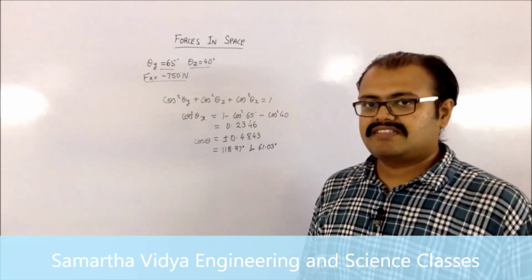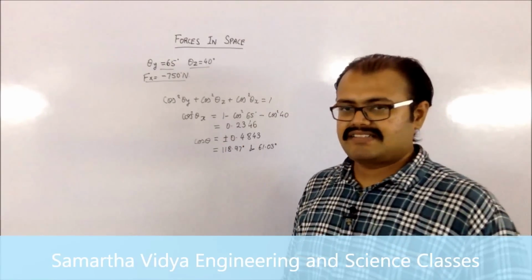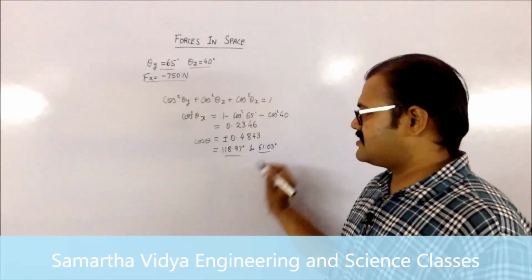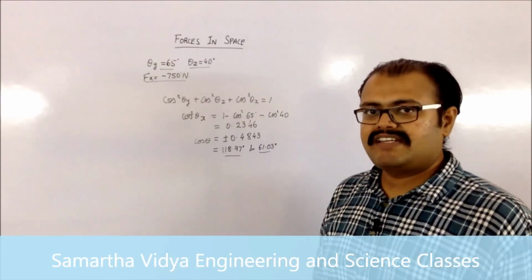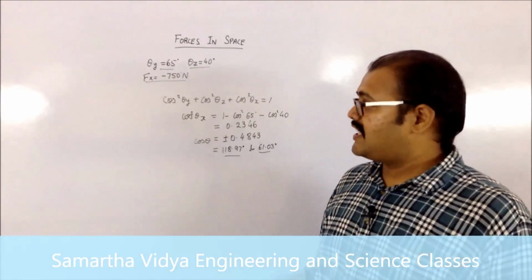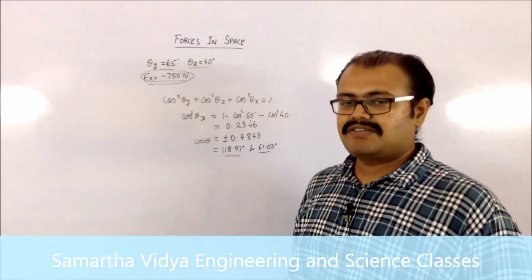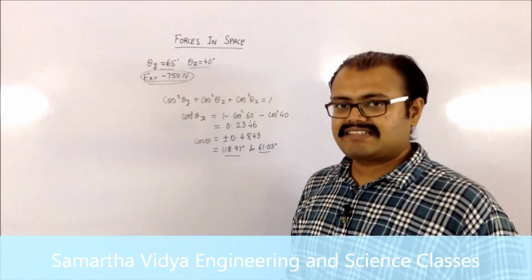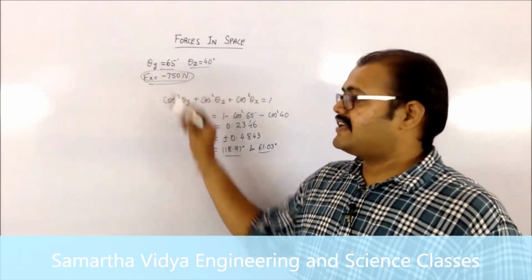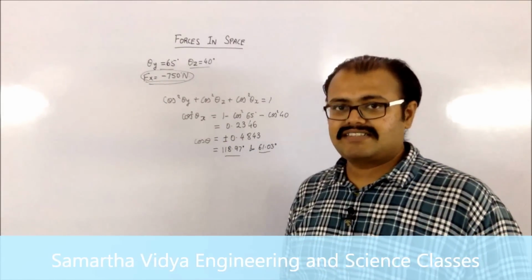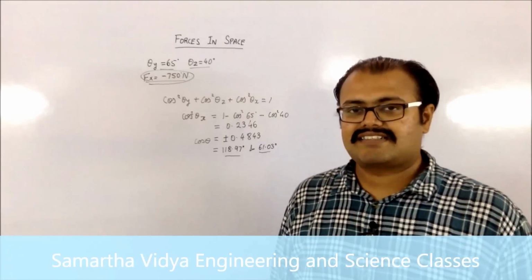Once you take the cos inverse of the plus and the minus, you will get two values, that is the two angles. Now you have to only consider one of these, so you have to go for this particular information. The information given to us is that the x component is having a negative magnitude, that is it is along the negative x-axis.